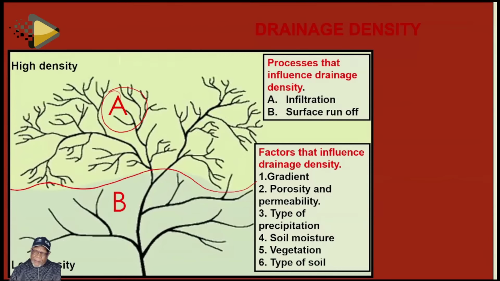Now, here are the factors that are influencing drainage density: gradient, porosity and permeability, type of precipitation, soil moisture, vegetation, and type of soil. Here is a simple question.